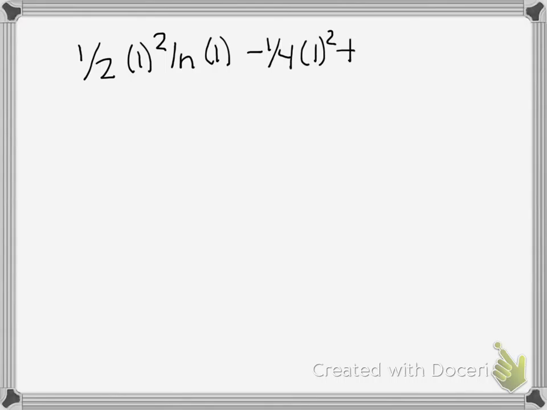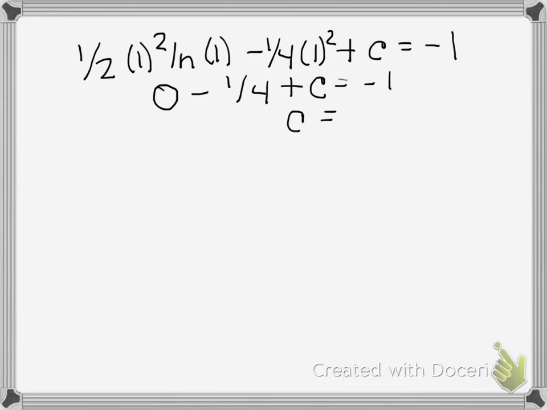So plugging back in, that is 1/2 1 squared ln 1 minus 1/4 1 squared plus our constant has to equal -1. Everything over here, because the natural log of 1 is 0, so everything over there is 0, minus 1/4 plus c equals -1.